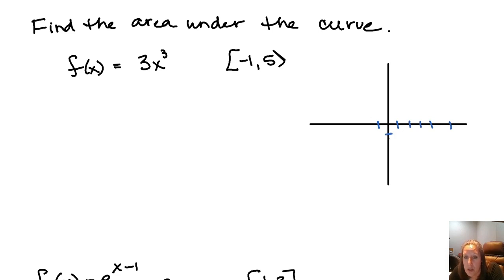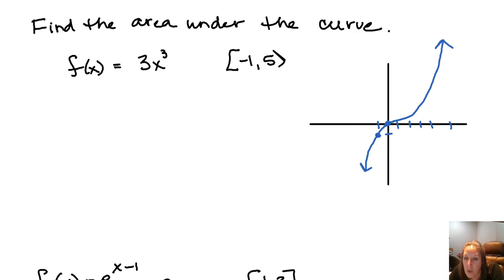And so we do see that it is going to be below the x-axis at -1. When it gets to 0, it's going to be equal to 0, so it'll be on the x-axis, and then it's going to continue up. And we do see that our cubic shape will look something like that.